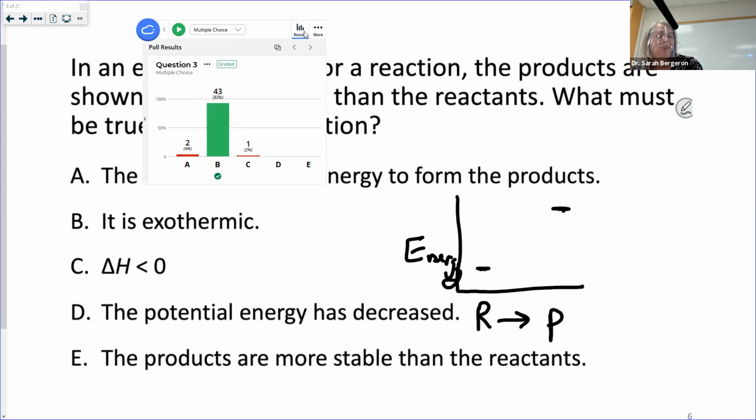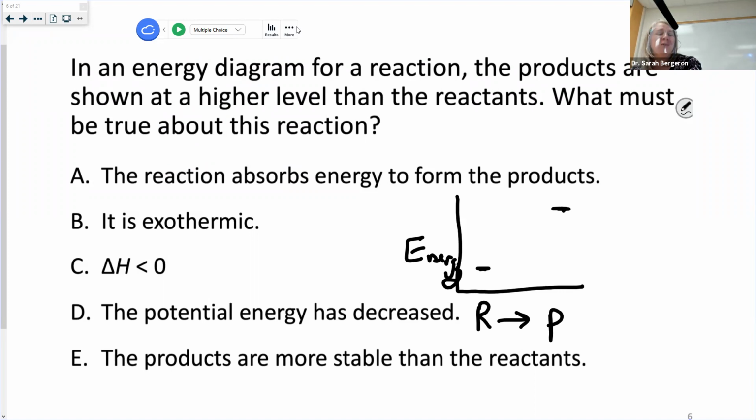Uh-oh. Okay. So what can we automatically cross out? We're talking about what part of science? We're talking about heat, or are we talking about energy here? Energy. So which answer choices can I immediately cross out? I can immediately cross out B. I can immediately cross out C, because delta H is what?